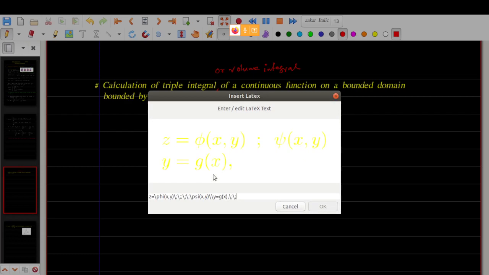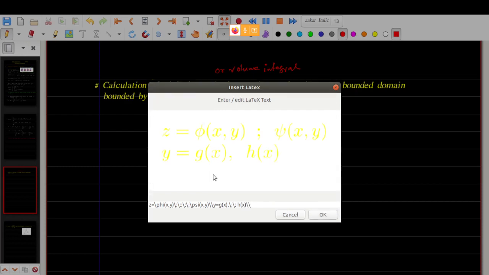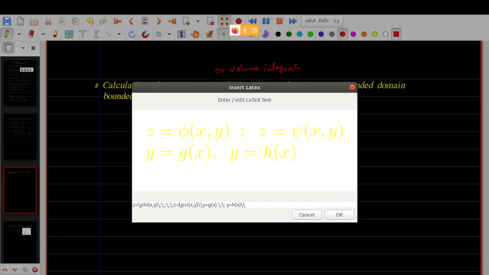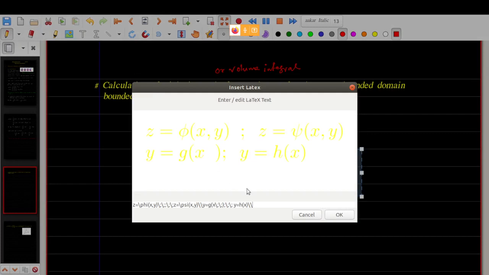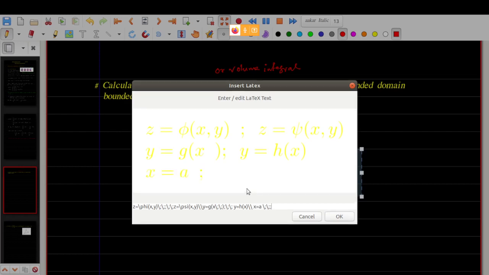and y is a function of x, g of x comma h of x, right? y equals g(x) to h(x), and x lies in between x equals a and x equals b, right?